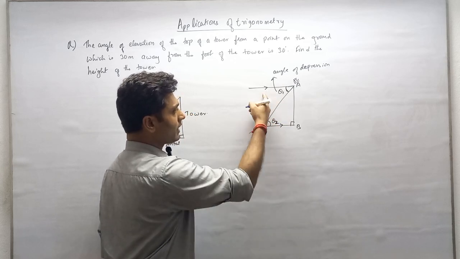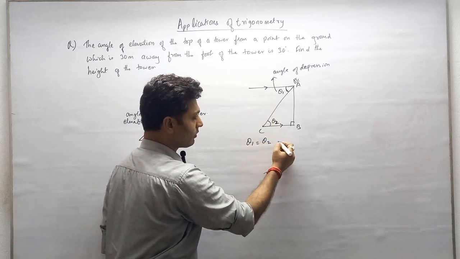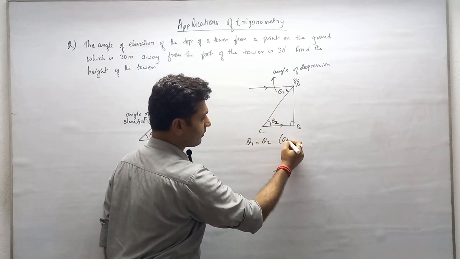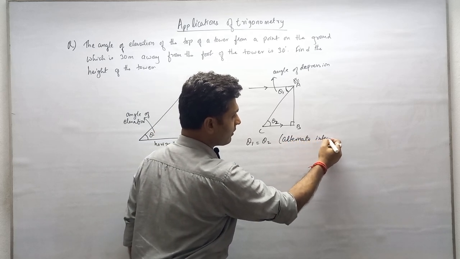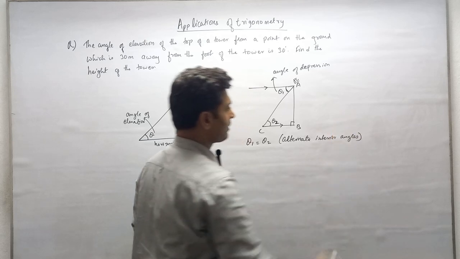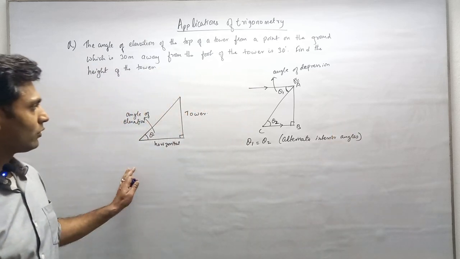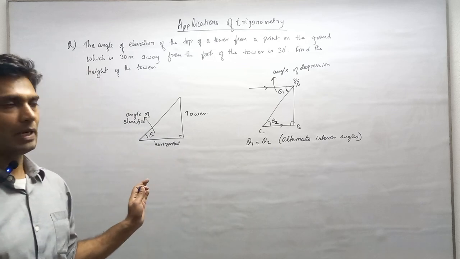So when these two lines are parallel, then theta 1 is equal to theta 2. They are alternate interior angles. So these are the two new terms to be used in this chapter.